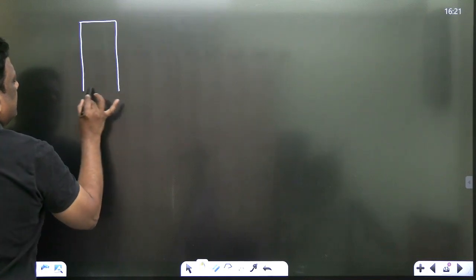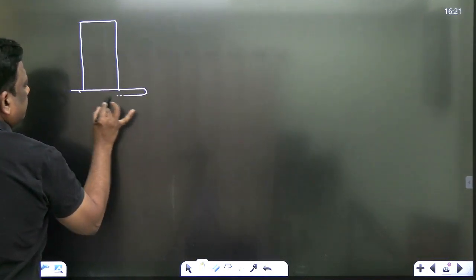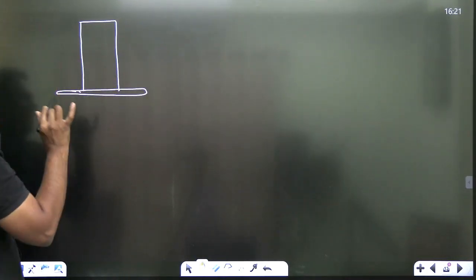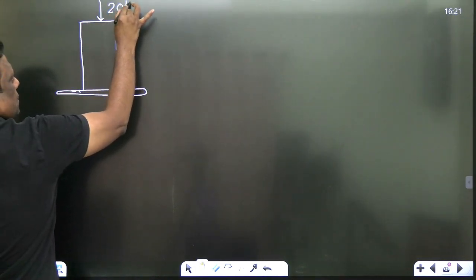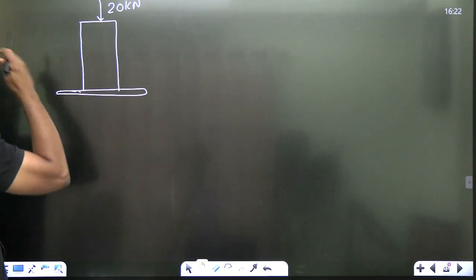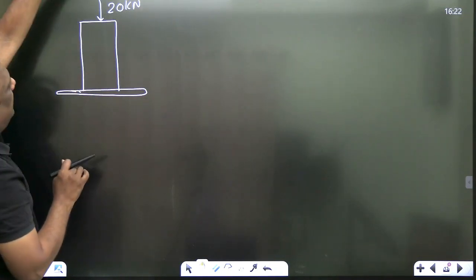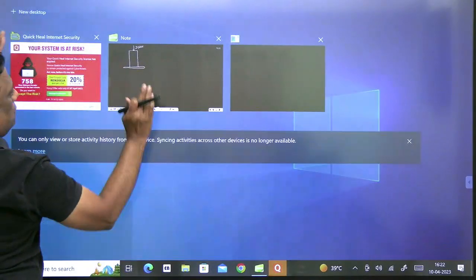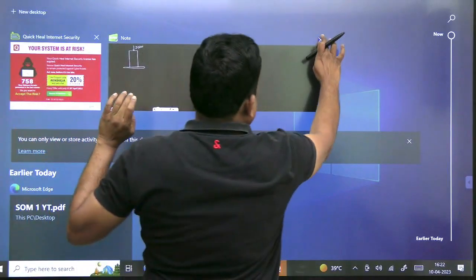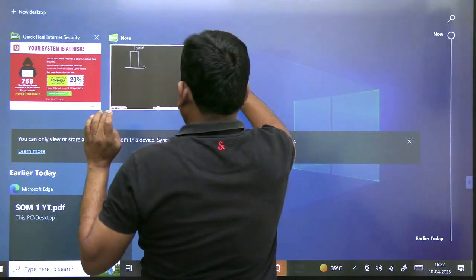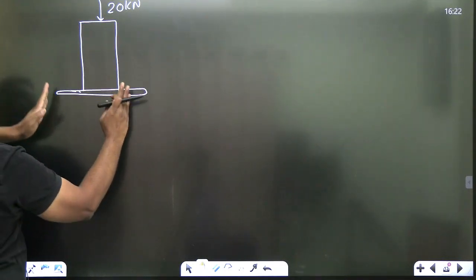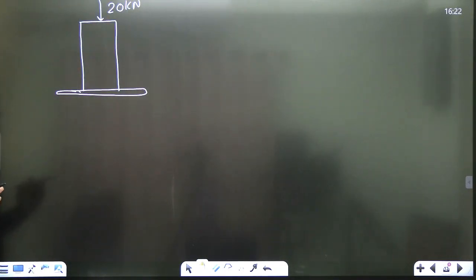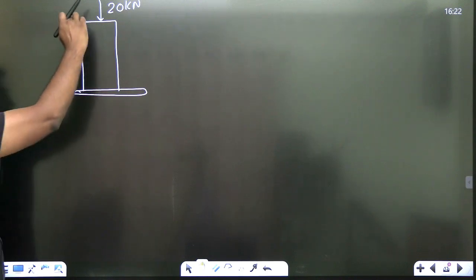Actually, this is the post. Its diameter is given as 100. Now there is a load applied and that is 20 kilonewton. And there is a resistance. When you apply a load like this, the surrounding soil is offering resistance, but that resistance is varying with length.